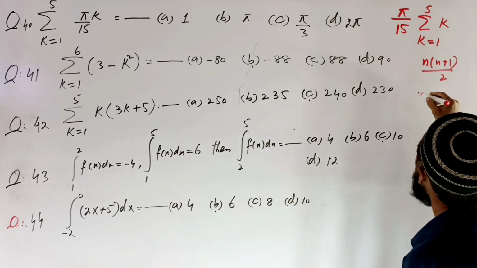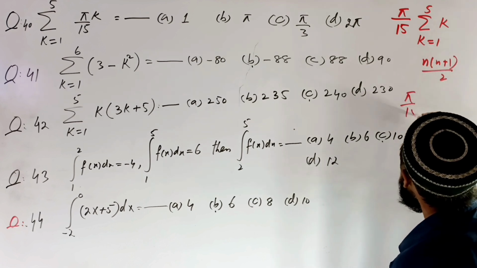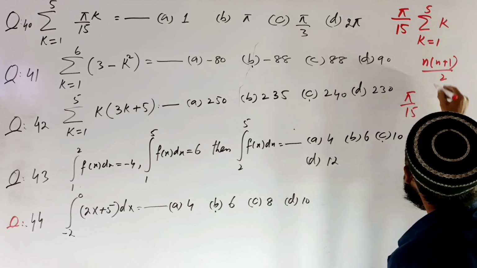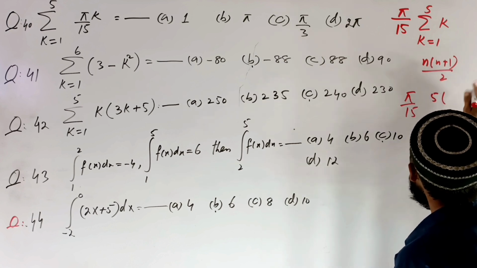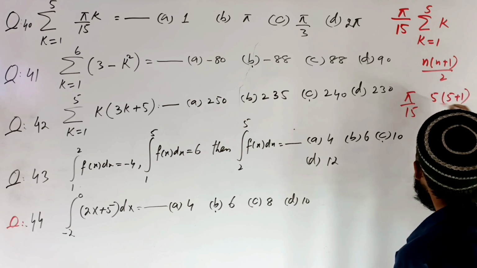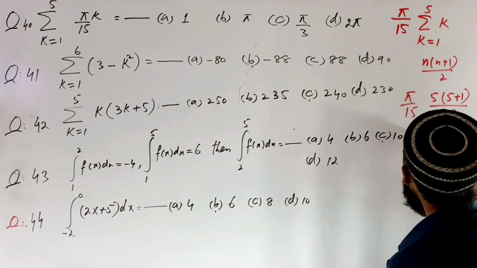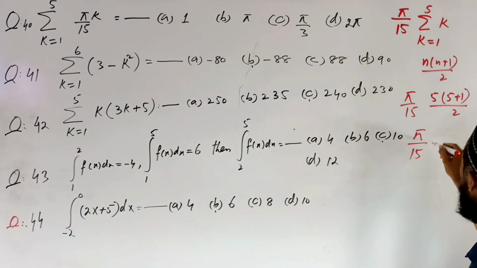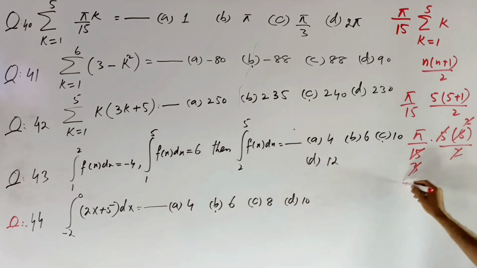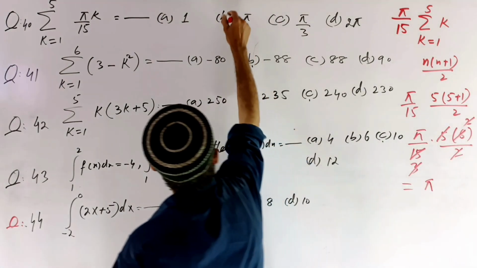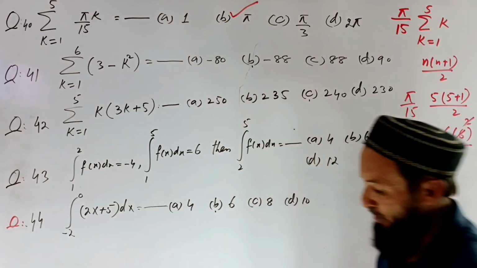Here n is equal to 5, so in the place of n we put 5 into 5 plus 1 divided by 2. So pi by 15 times 5 times 6 divided by 2. 5 and 3, 3 and 2, 2 and 2 cancel, we get pi. Pi is the correct option. Option B is the correct option.